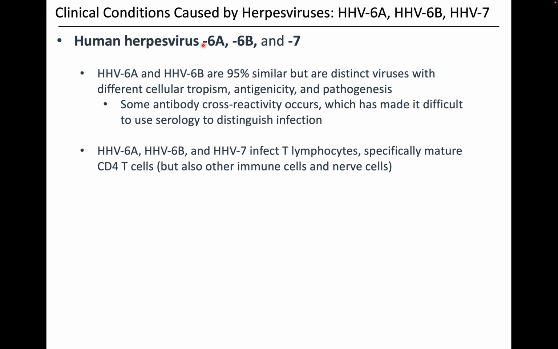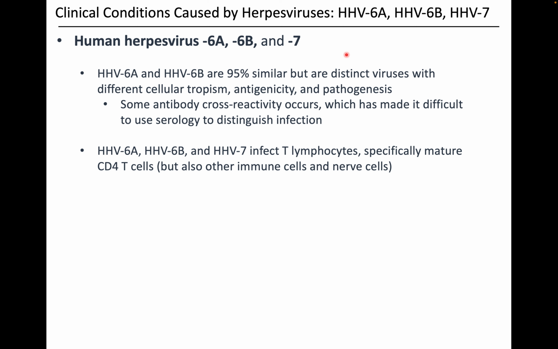All right, then we'll talk about 6A, 6B, and 7 as a group here. These are all distinct viruses, but there's a lot of antibody cross-reactivity.